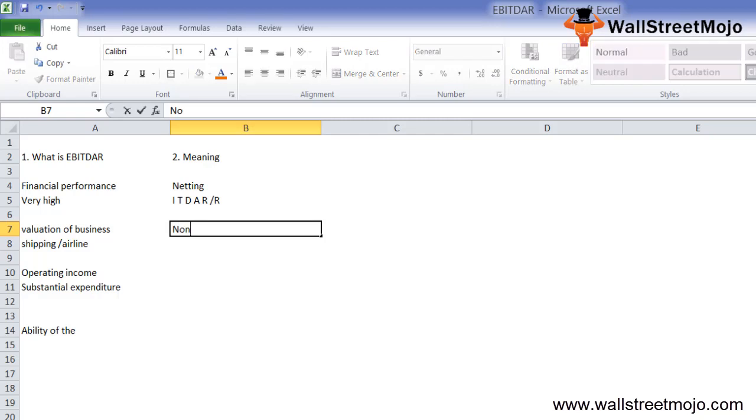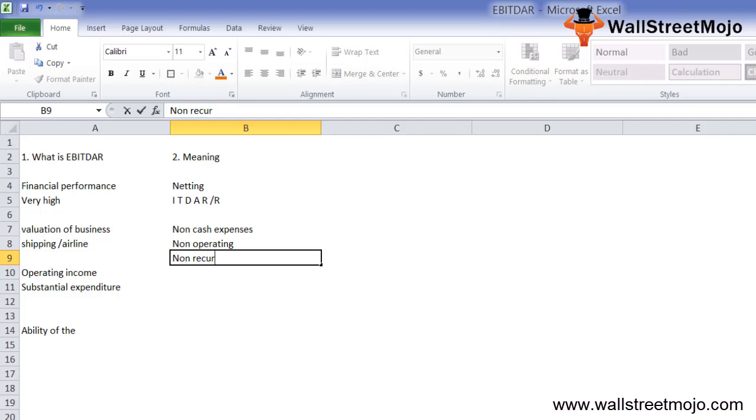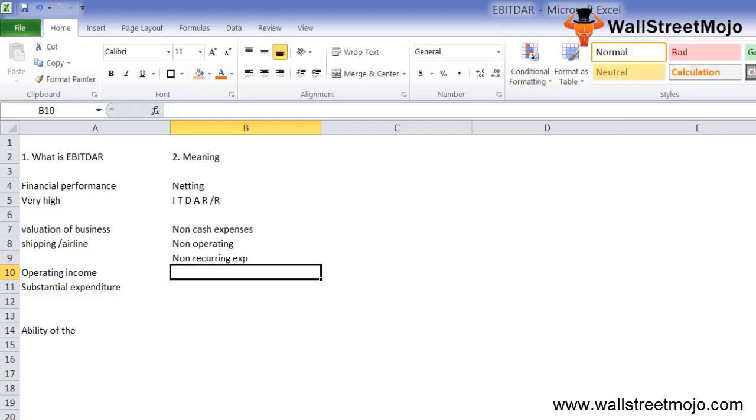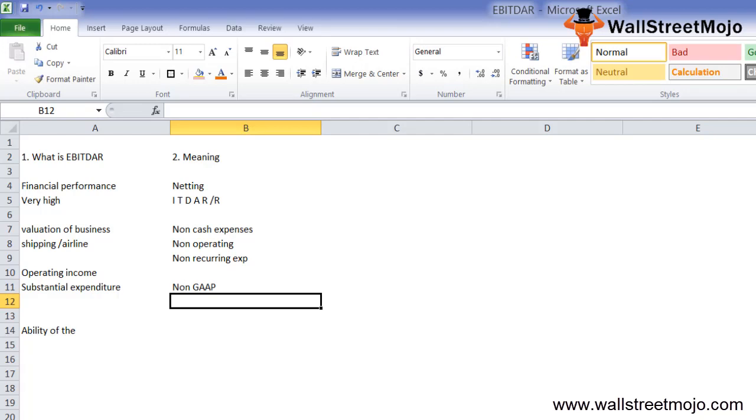So it excludes all the non-cash expenses and all the non-operating and non-recurring expenditures. Okay, so unlike EBIT, it's a non-GAAP measure and is not mentioned in either the classified or non-classified financial statement of the company. It's mostly used to differentiate two companies within the same industry, those having different asset structures.